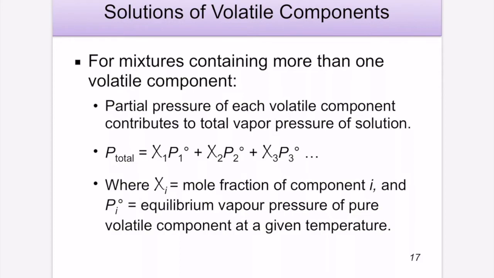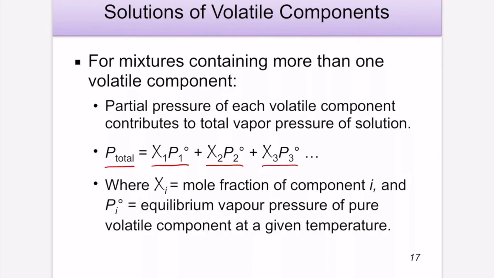And if we have a composition of solution that is mostly heptane, then the total vapor pressure is going to be more close to the vapor pressure of heptane by itself. So the equation that we see here is very similar to what we saw before when we were talking about non-volatile components. So the total pressure of the solution is going to be related to the mole fraction of component 1 times the vapor pressure of pure component 1 plus the mole fraction of component 2 times the vapor pressure of pure component 2, and so on and so forth.